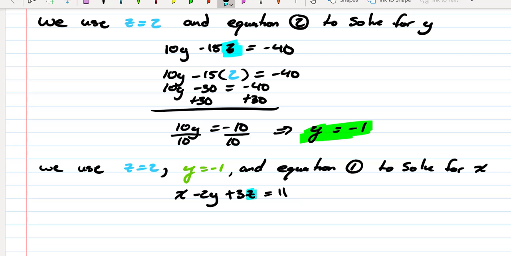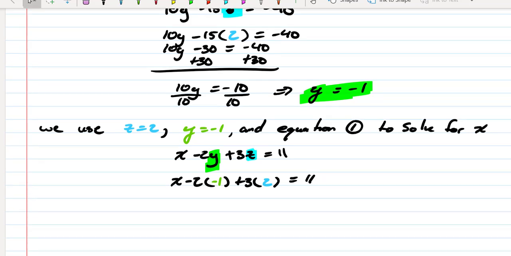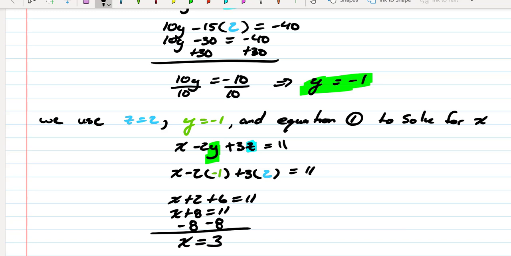But we know z is 2, and we know y is negative 1. So that gives us x minus 2 times negative 1 plus 3 times 2 is equal to 11. So then that gives us x plus 2 plus 6 equals 11. So that's x plus 8 equals 11. We minus 8, we minus 8, and we get x is equal to 3.